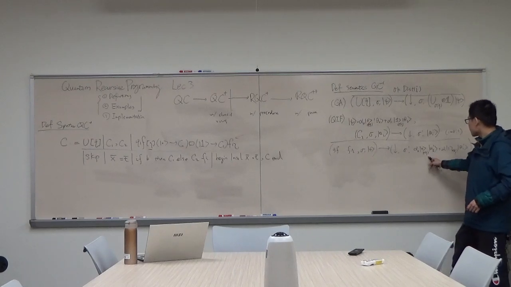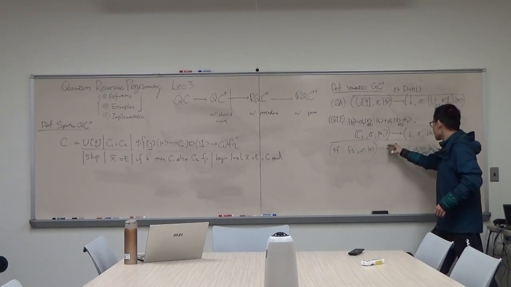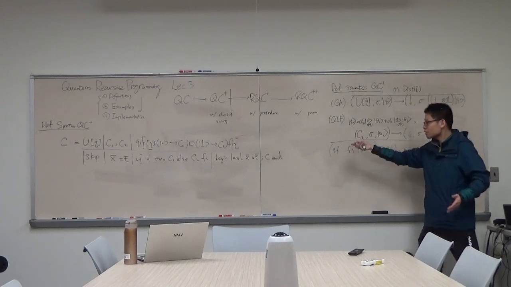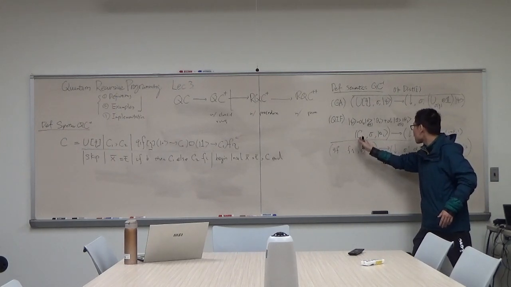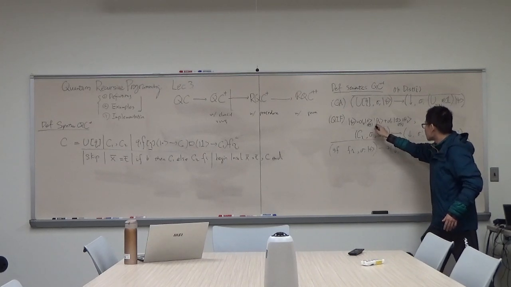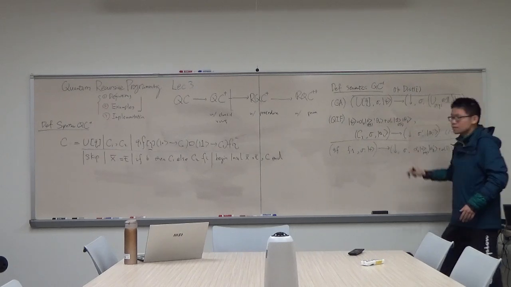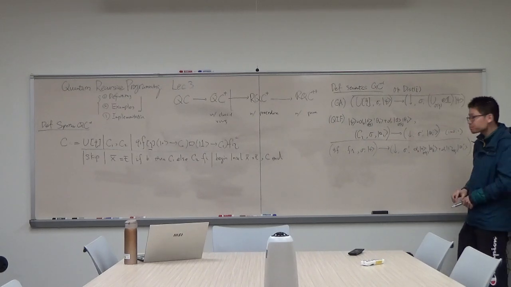So intuitively, as we previously showed, you just apply the semantics of Ci on theta 0 and theta 1 in superposition.